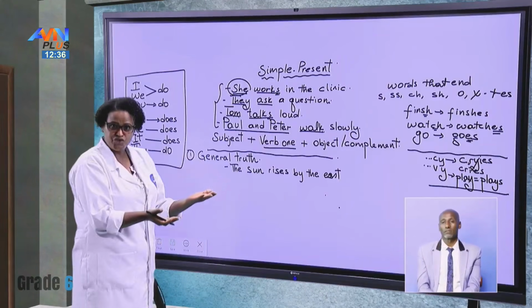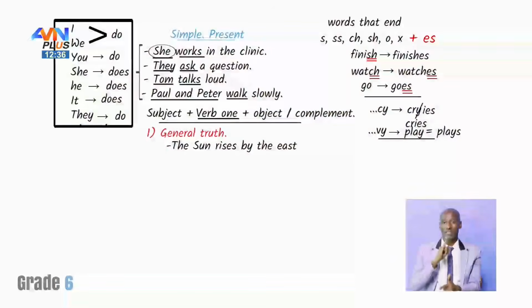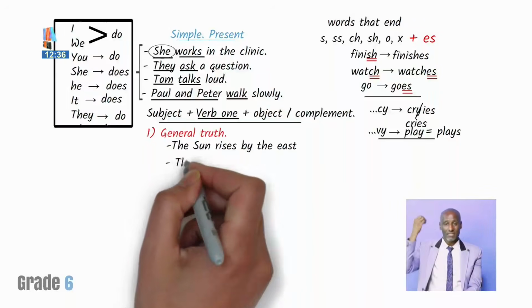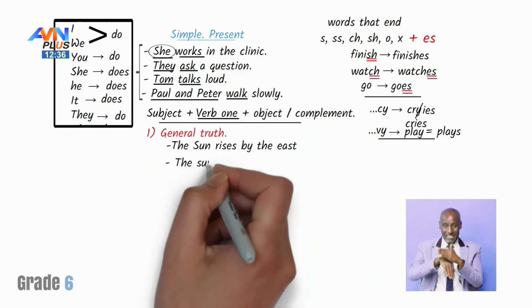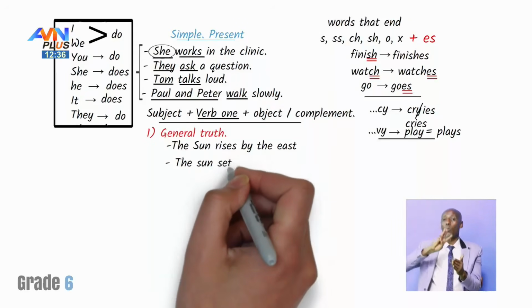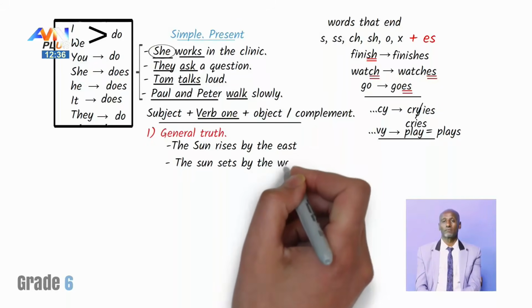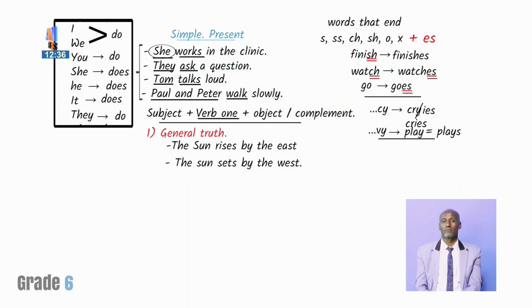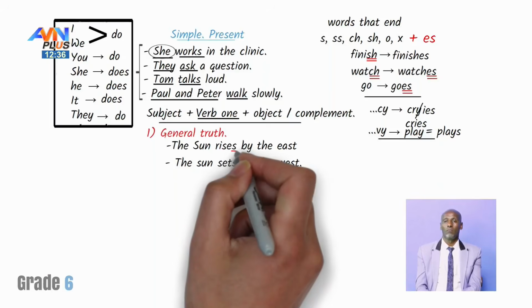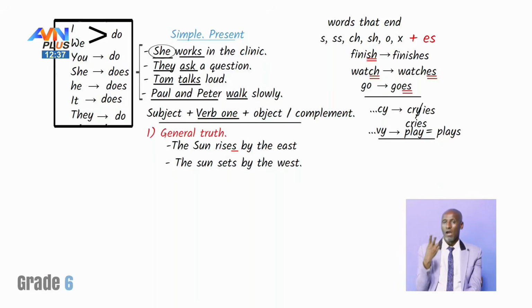The reverse is true, yeah? Which is the sun sets, yeah? By the west. Here we go. The sun sets. If you notice, I am adding S on my verb. Why? Because my subject is singular, which is what? The sun.